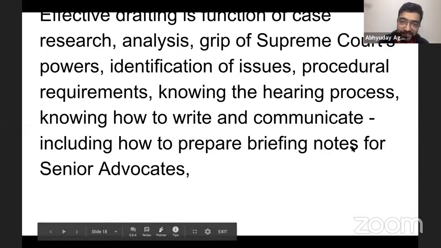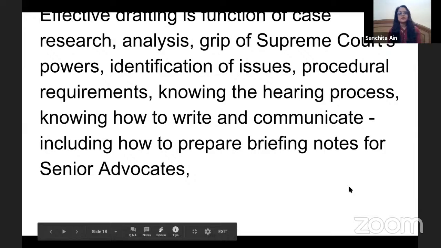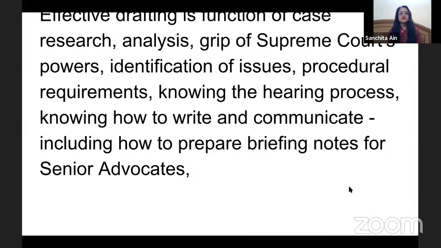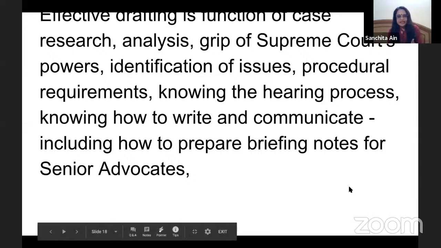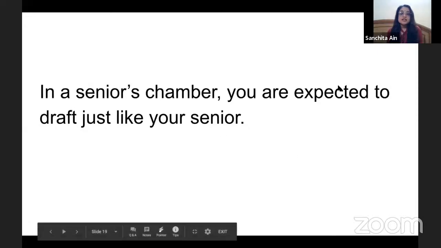Yeah, so effective drafting is not just about the format, it's about how you research, come up with the right cases, then you analyze those right cases. And not just that, even before doing that, you need to know the powers of the Supreme Court, the rules, everything. Yeah, so in a senior's chamber, senior would mean a drafting counsel.